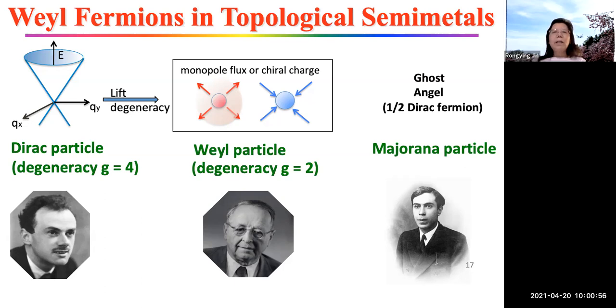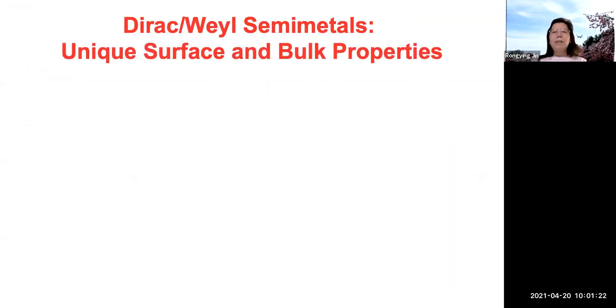Now you can see monopole flux or chiral charge, because the magnetic flux would be separated by having monopoles in and out. That gives us one more degree of freedom to play with those kinds of particles.